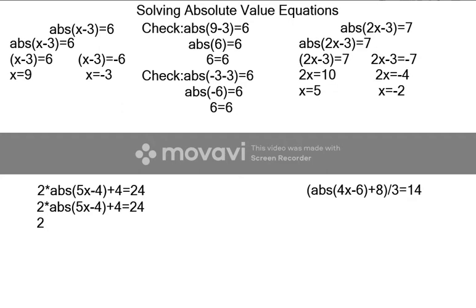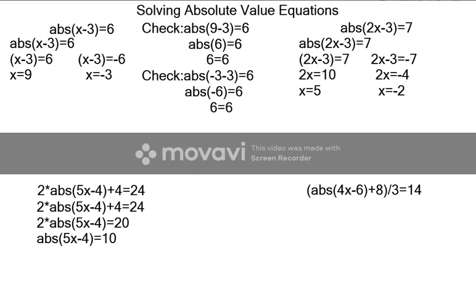So we get 2 times the absolute value of 5x minus 4 equals 20. And then now let's get rid of the 2, so we divide by 2 on both sides. So you get the absolute value of 5x minus 4 is equal to 10, right?